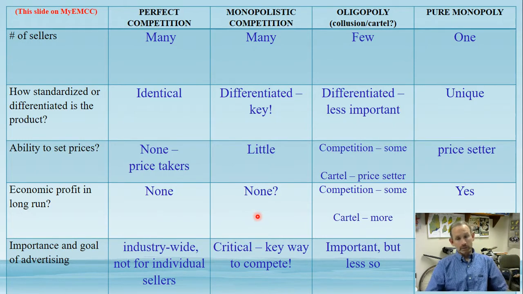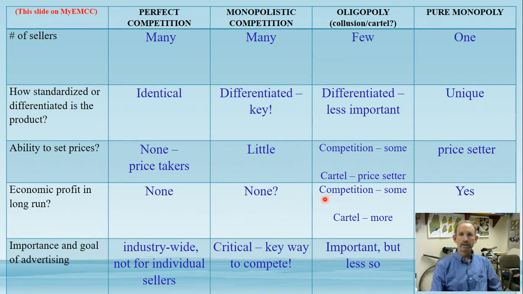I feel like certainly in the short to medium run, businesses can make an economic profit. Again, if you can differentiate your product, make it stand out, get some brand name loyalty, make people willing to pay a little bit higher price just for your name, you're going to make an economic profit. I think their point is, given enough time, somebody will eat away at that and your profit will probably disappear. But for a pretty long time, some companies have kept up some brand name loyalty and made profits.